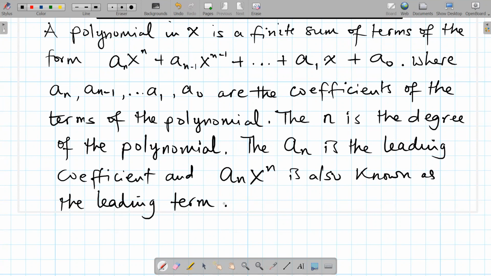Okay, so that is how a polynomial is expressed. And do not freak out, it is very, very easy.